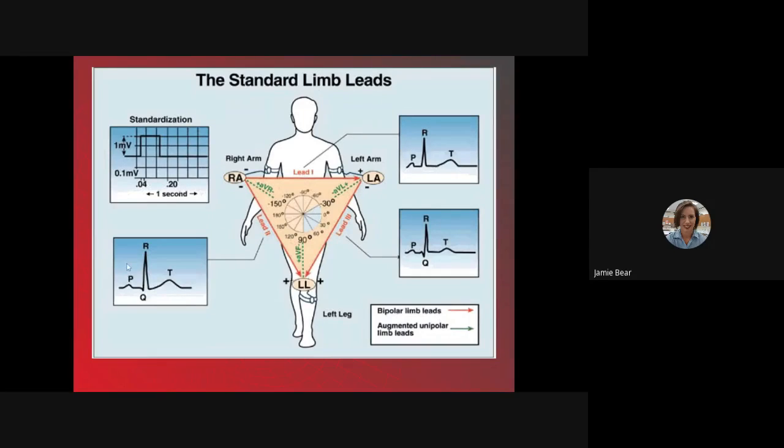The P wave here is looking at the atrial activity. The P to the R is looking at where the conduction travels from the atria to the ventricle. And the Q, R, S, and T represent all of the ventricular activity.